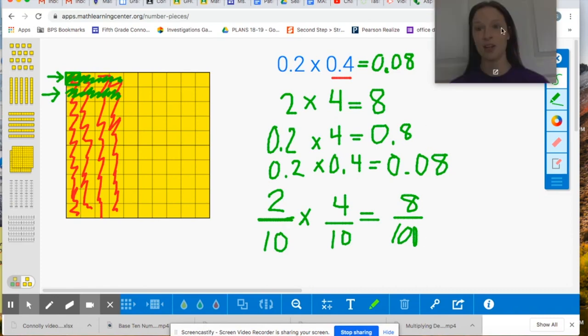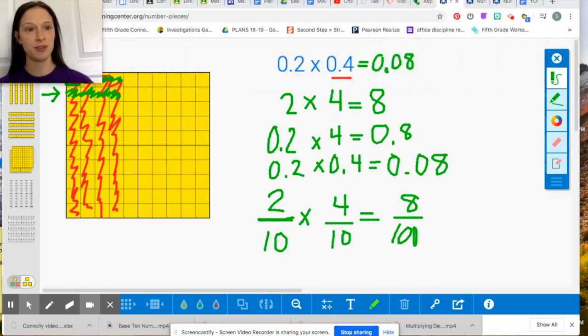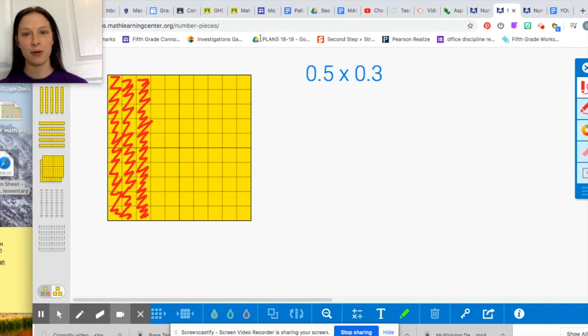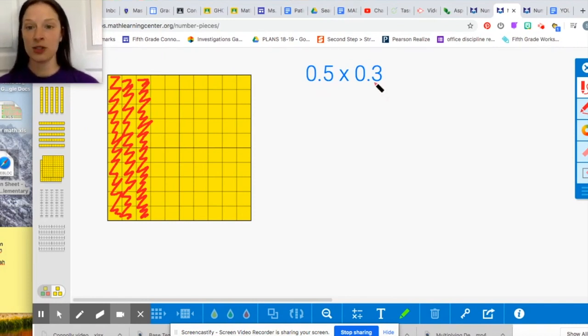All right, so let's take a look at another one. We are going to be thinking about 5/10 of 3/10. Same situation as last time. Let's think about a garden this time because you're familiar with that with fractions. So I own 3/10 of an acre of land.